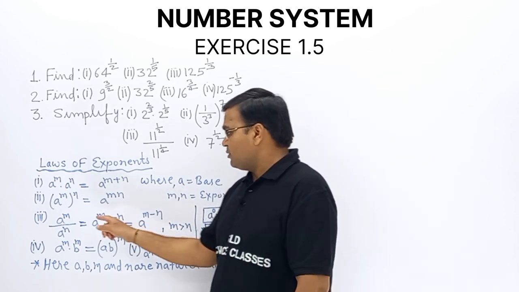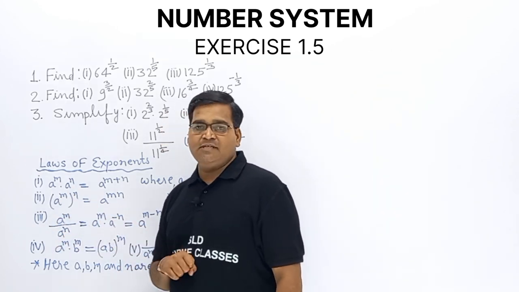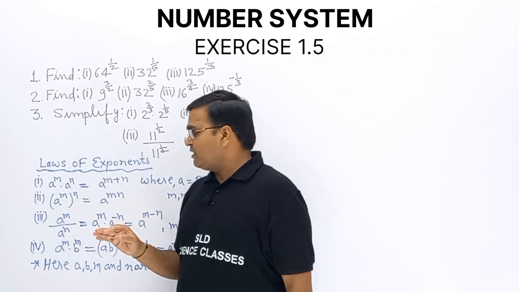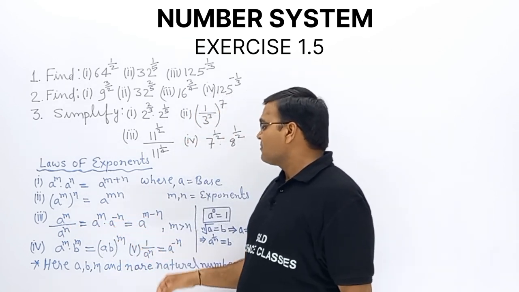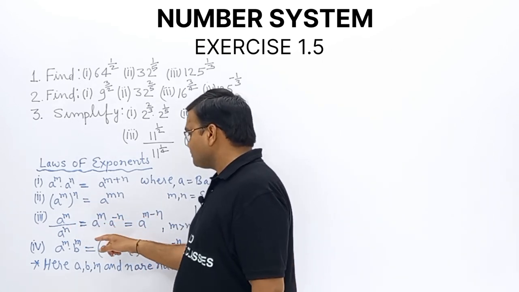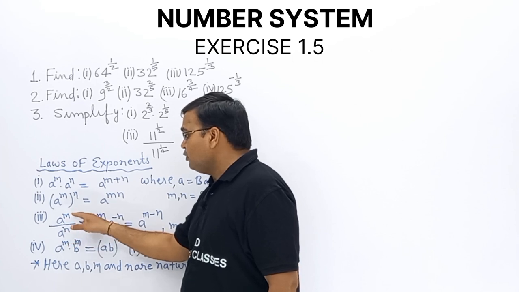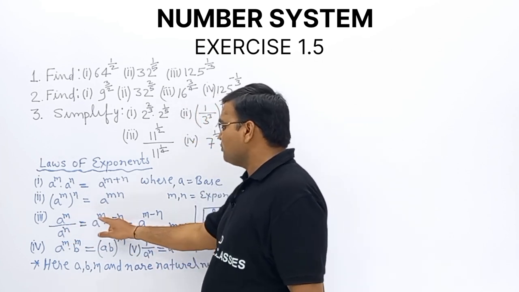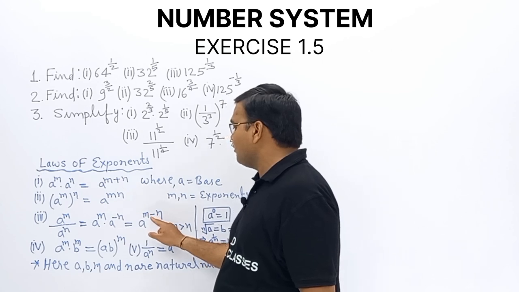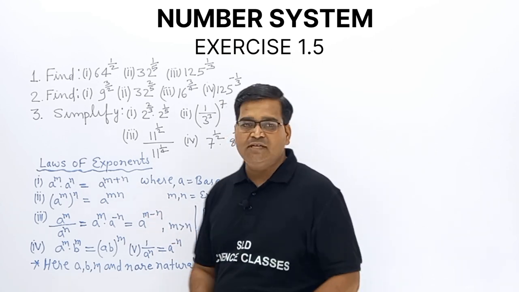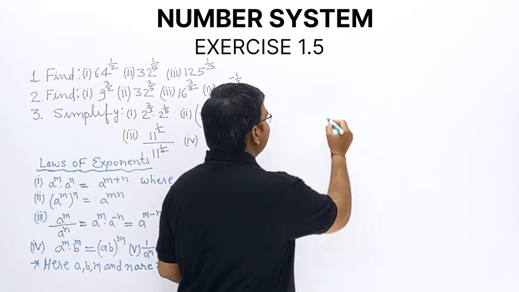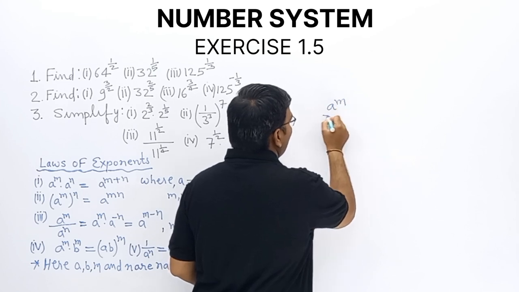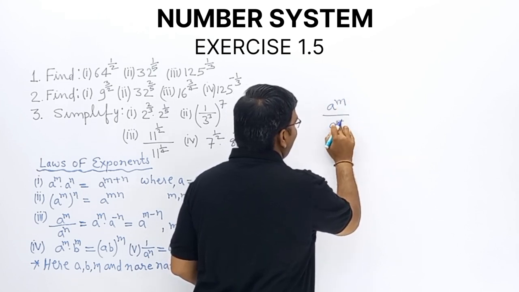So if questions are in this form, what will we do? Bring this to the numerator, and then the powers will be added. This is positive and this is negative, so this will be m minus n. Like this one, observe, a power m upon a power n.